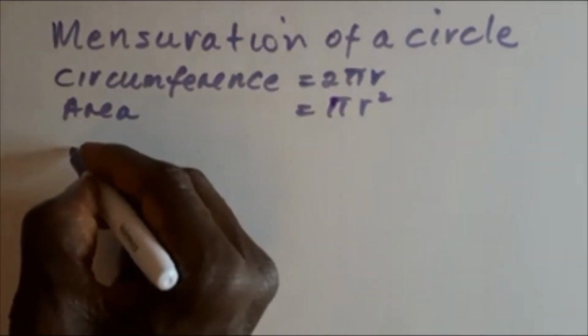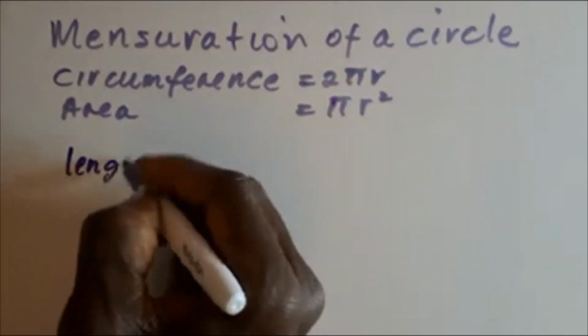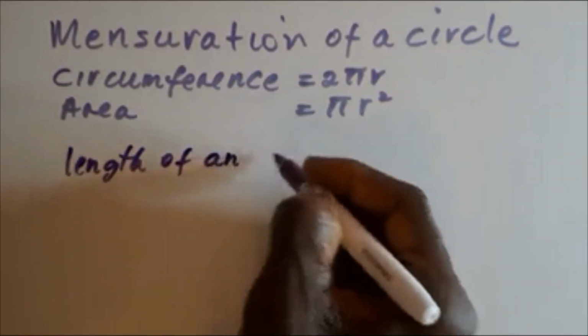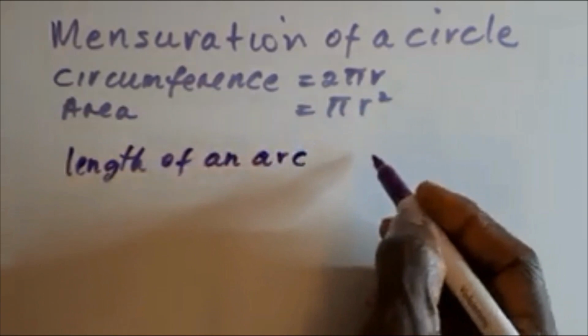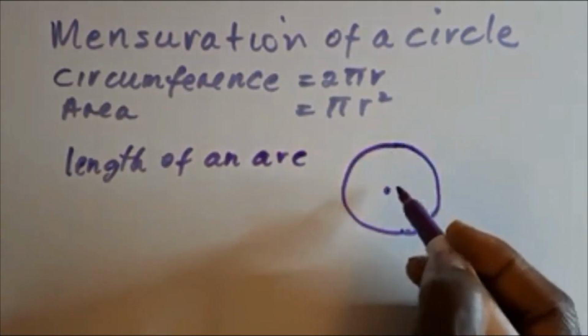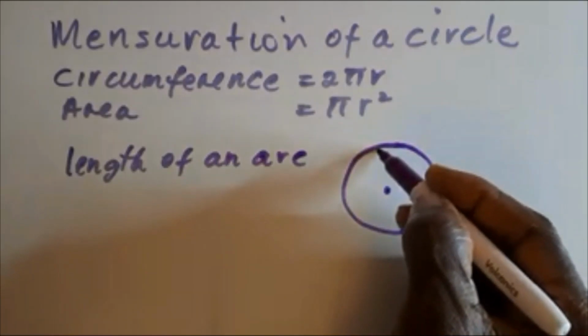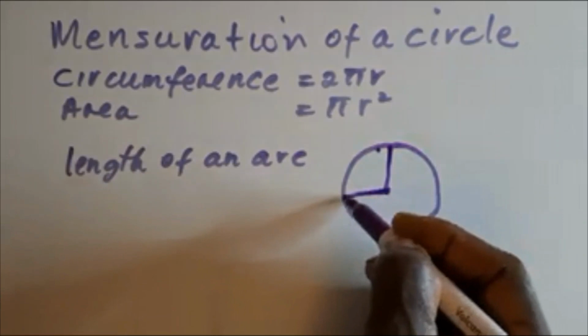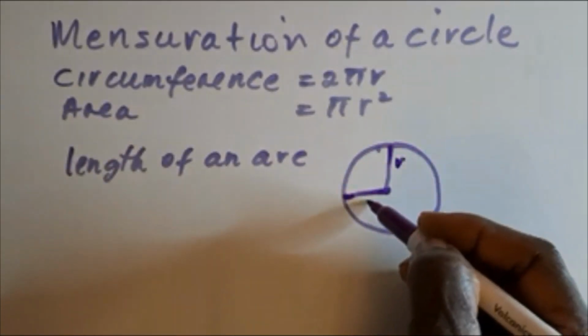First, we'll start with the length of an arc. So this is a sketch of a circle. There's the center here, and we have two radii.